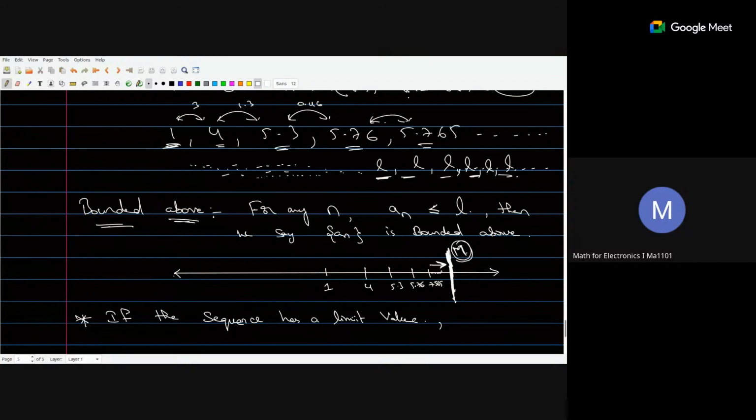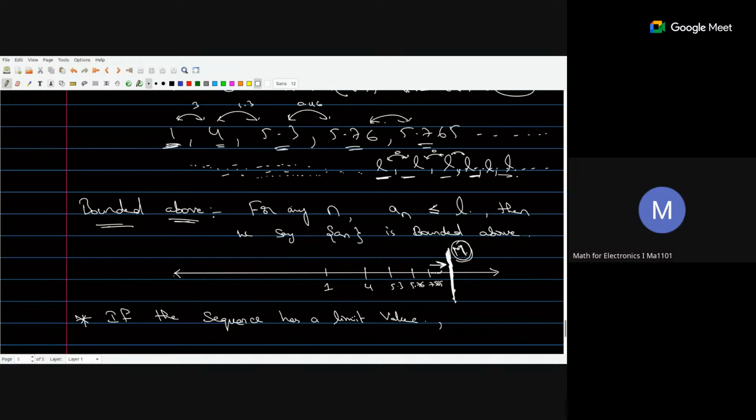If the difference between the terms is becoming 0, then the terms are slowly becoming equal. And if they are becoming equal, then I treat them as the same value, L, and the difference you see will be 0. And this L will stay till infinity, so it will not go above L.